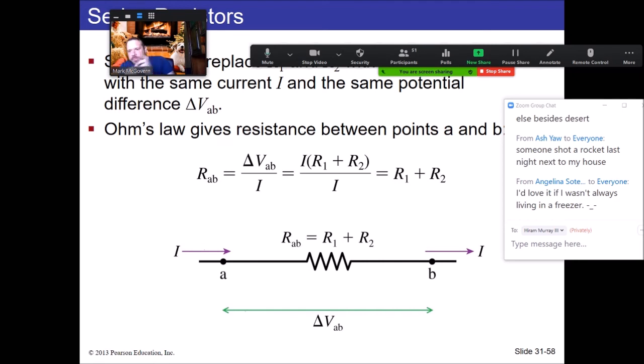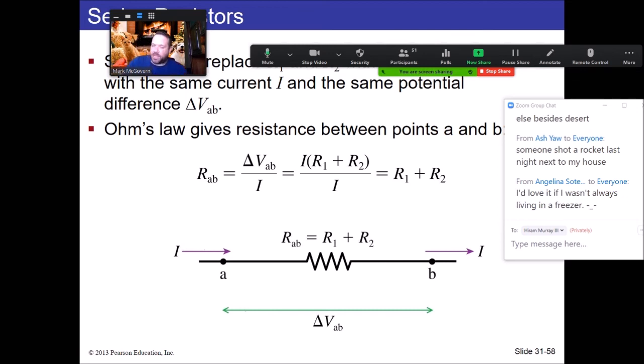Now, note something about this, though, which is a little obnoxious, I'll be honest here. Series resistors get their resistances added. You remember capacitors in series? You didn't add them. It's the exact opposite for capacitors and resistors.